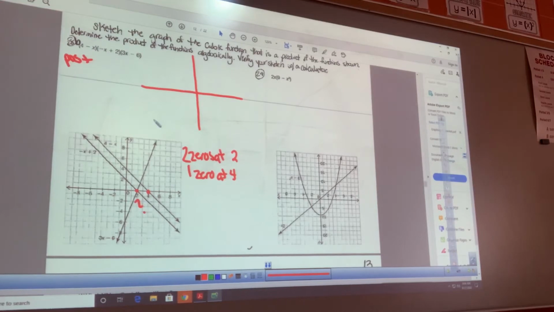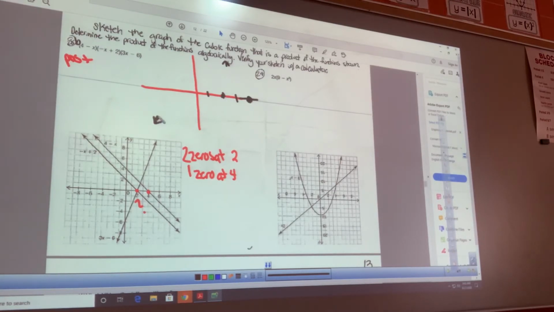So it's going to start down here because it's a 3rd degree, and it's going to end up here. And I'm going to have a root here. And how many roots am I going to have at 2? I'm going to have 2 of them.